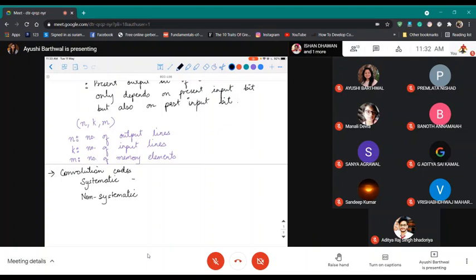By systematic, we mean that parity bits and input bits are separable, whereas in non-systematic codes they are non-separable. So there will be one-to-one mapping of the input sequence with the code words in non-systematic convolution codes.